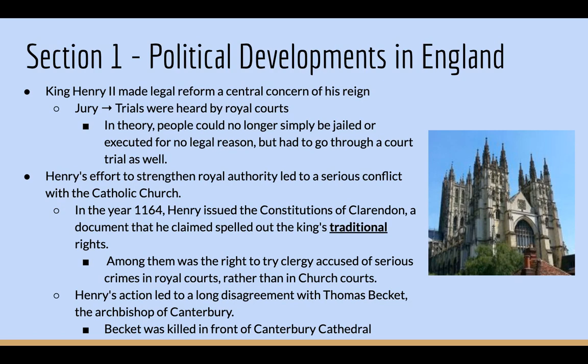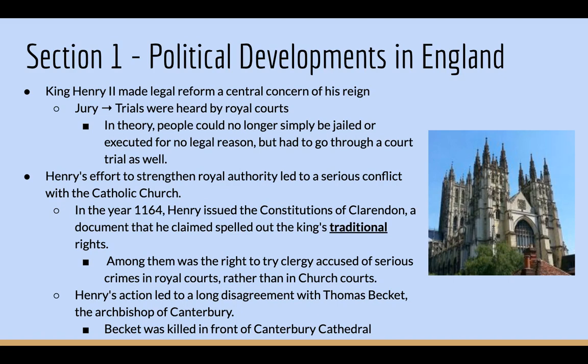Henry's effort to strengthen royal authority, however, led to a serious conflict with the Catholic Church. In the year 1164, Henry issued the Constitutions of Clarendon, which was a document that he claimed spelled out the king's traditional rights.